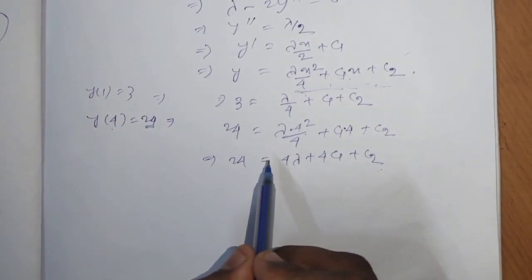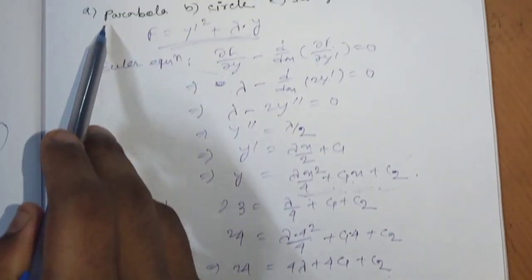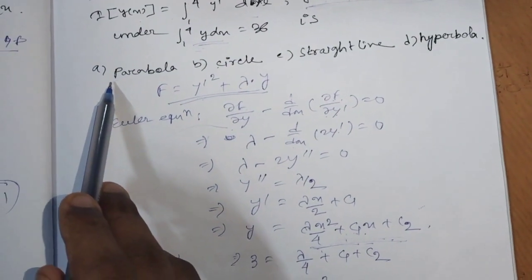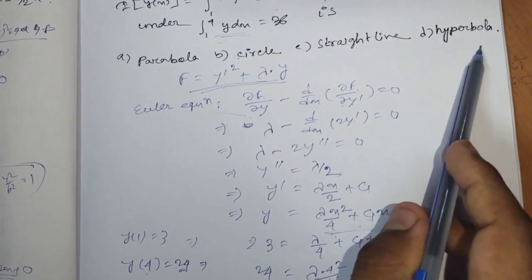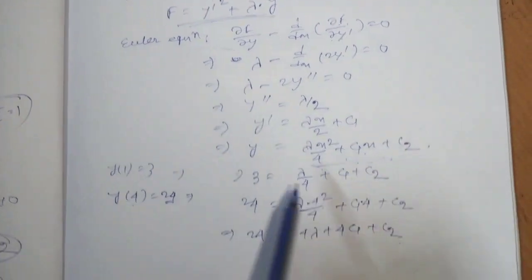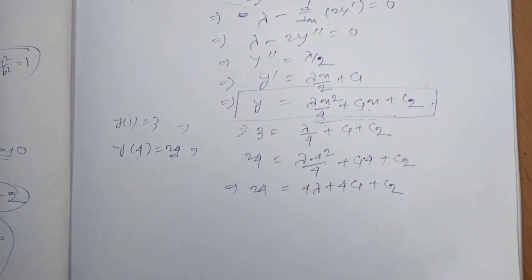Now if you look very carefully at the options here, we will find the options are parabola, circle, straight line and hyperbola. And here y is this, right?